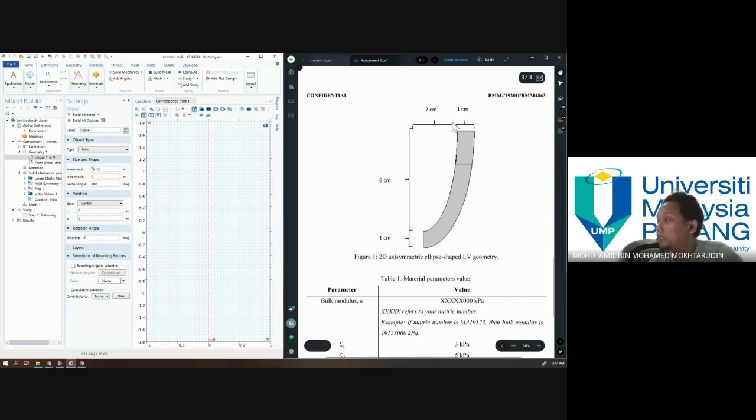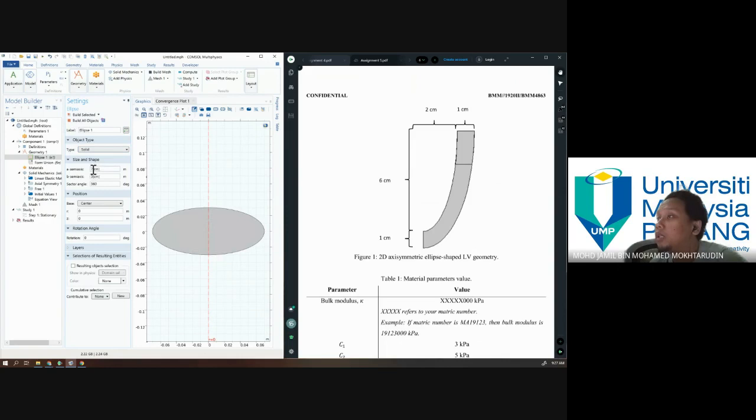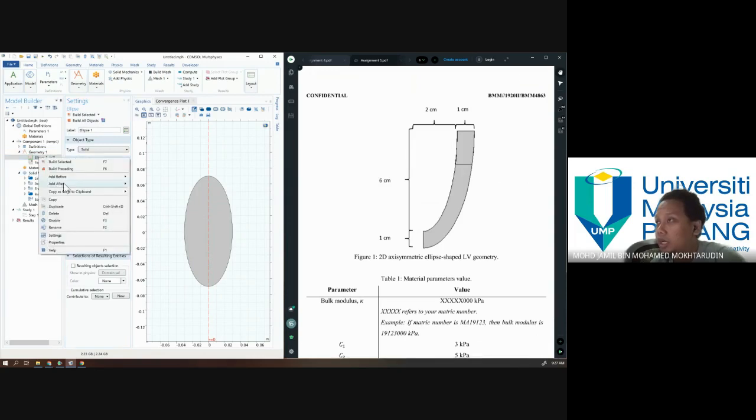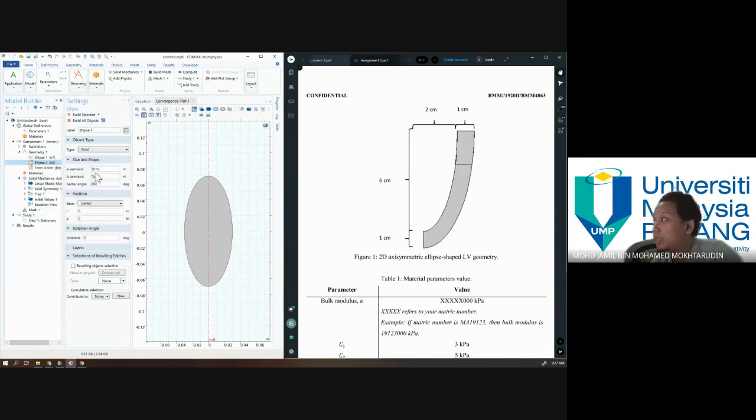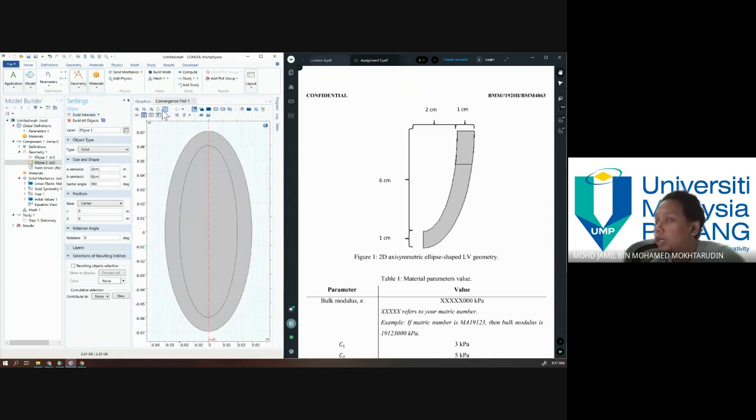And the B axis, 3 cm. Okay, tukar balik. And then we draw the inner ellipse. So just duplicate. So the inner ellipse is 2 cm here and 6 cm. And then enlarge. So we want only 1/4, okay?